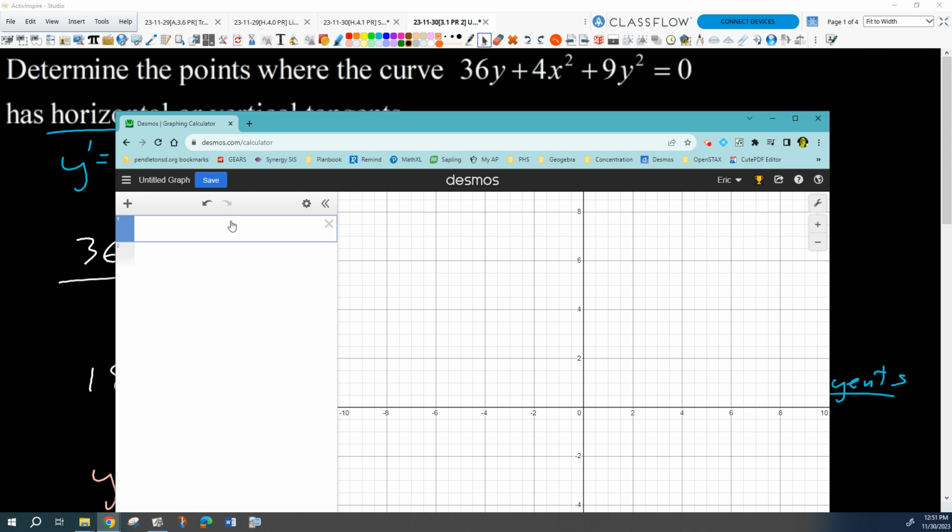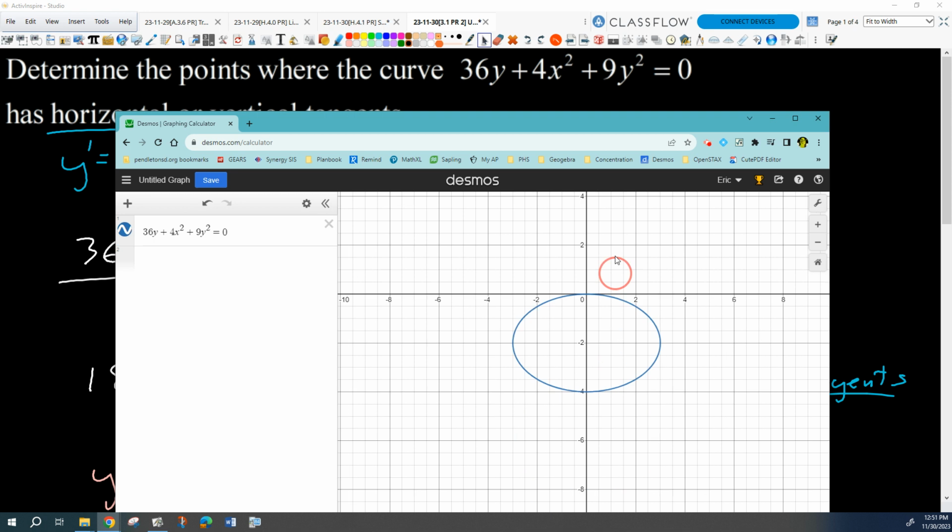So let's graph the function 36y plus 4x squared plus 9y squared equals 0. And that's what we get.